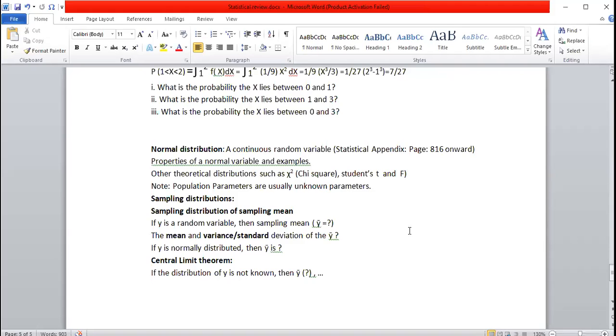Now you are taking a sample of 100 or 200 or 500, and then you are trying to find a mean, which you call the sample mean. And with the help of this sample mean, you are trying to talk about the population mean mu. Are you making a big mistake?